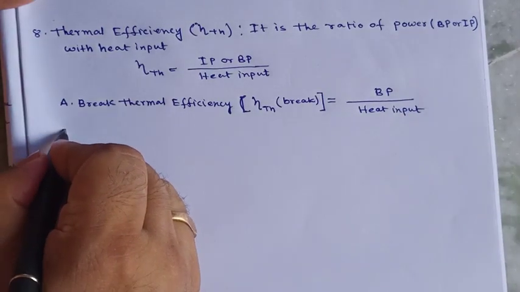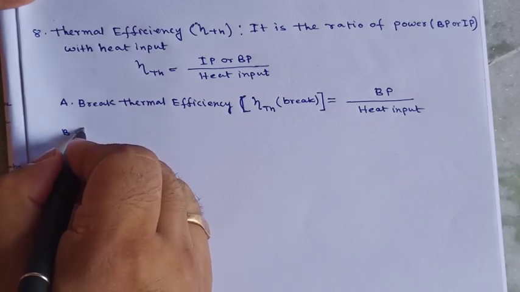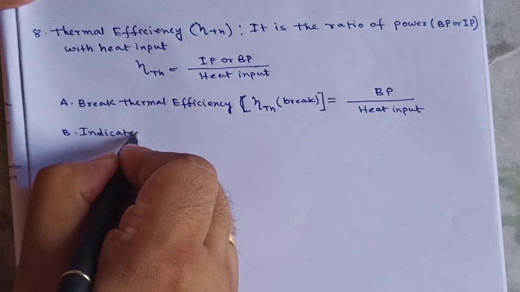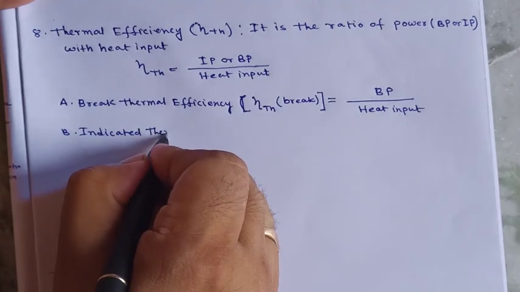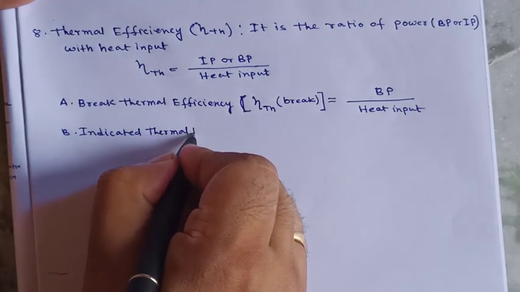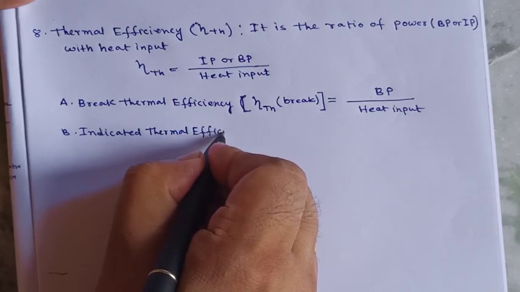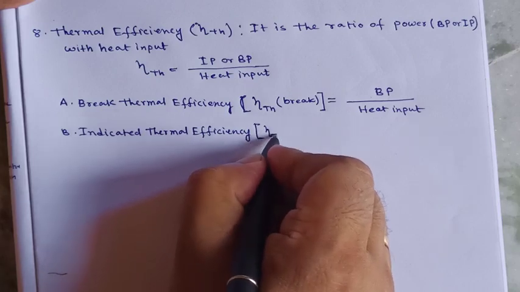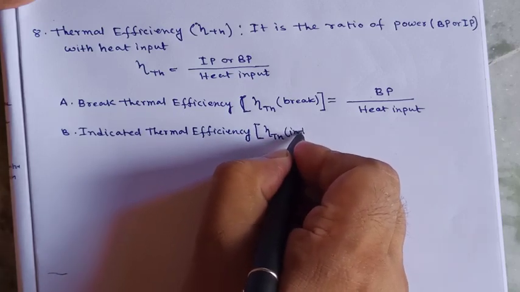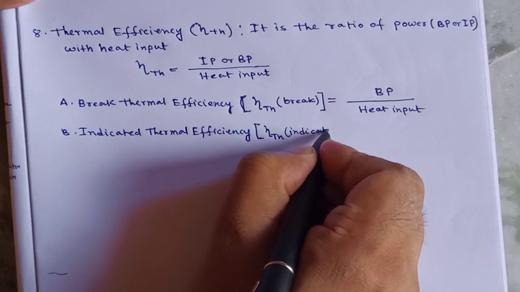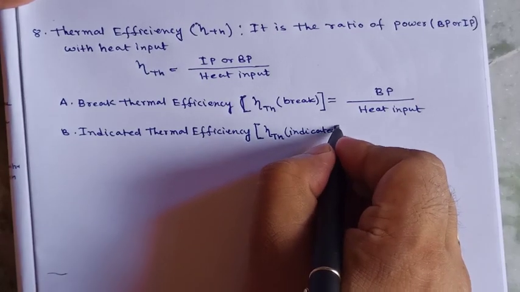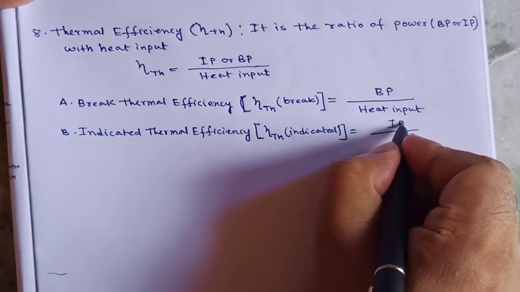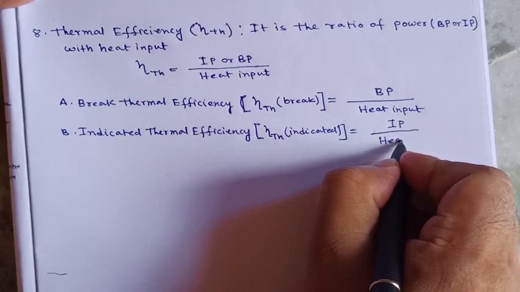Similarly, indicated thermal efficiency, that is eta th indicated, equals IP by heat input.